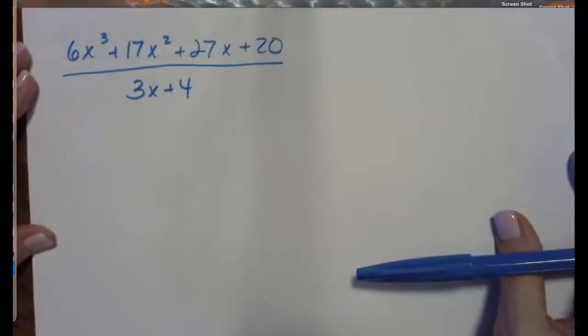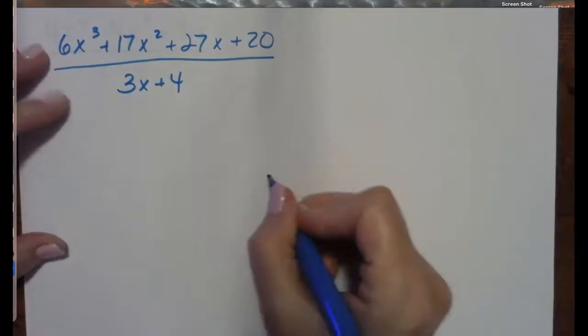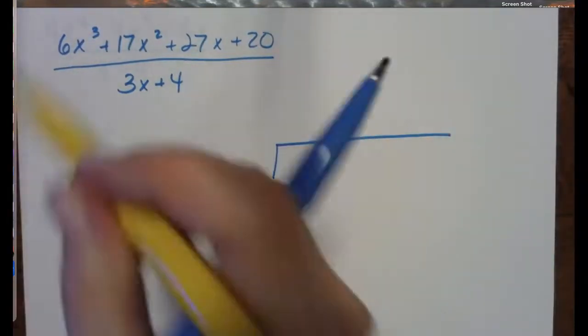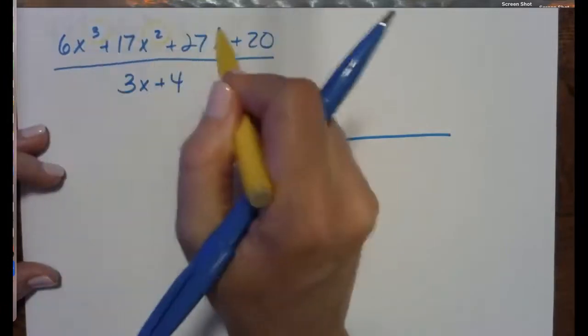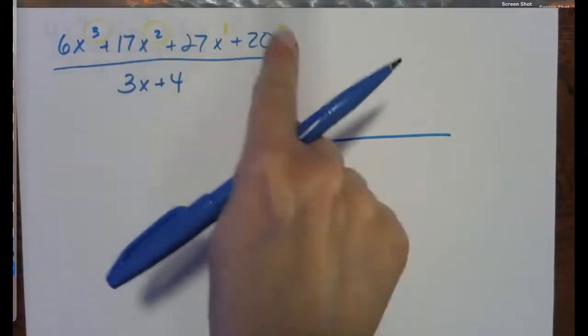So we're going to use those same 4 steps, and we are going to do long division with this polynomial. So the first thing we have to do is get it set up. The dividend goes underneath the house, and we need every power of x to be represented, and we've got it. 3, 2, 1, and none.